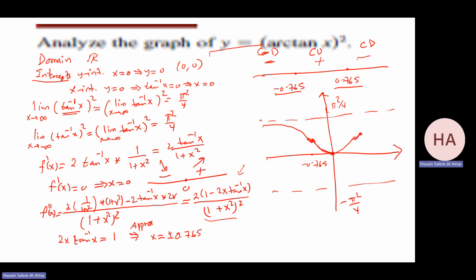Yeah, it will be positive actually. Okay, both are positive. And then it will go like this, concave down. Something like this. Okay, up. Then concave down. Okay.